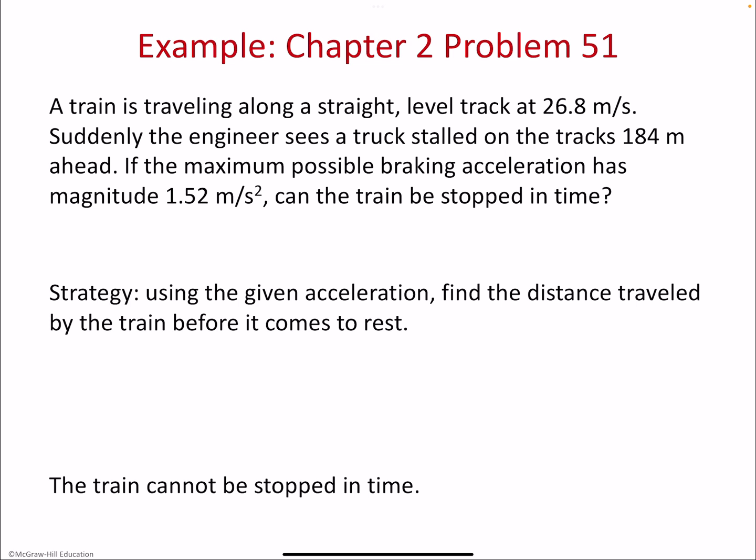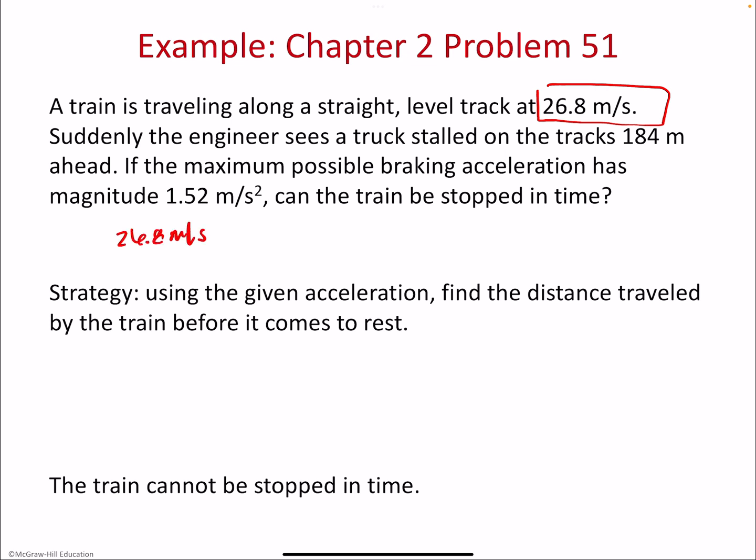Okay, so first things first, we need to list out what we have. At least that's what I think is the first thing to do. So what is this? 26.8 meters per second. That's your velocity. Which one?